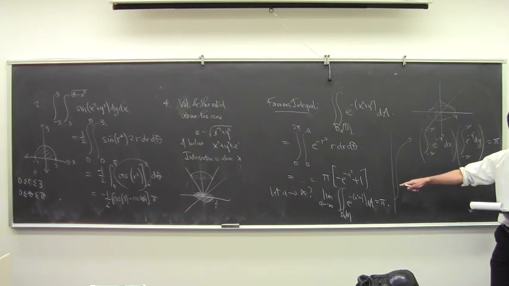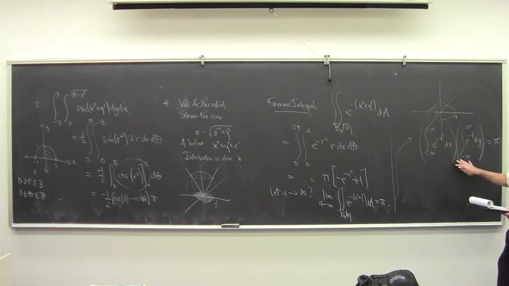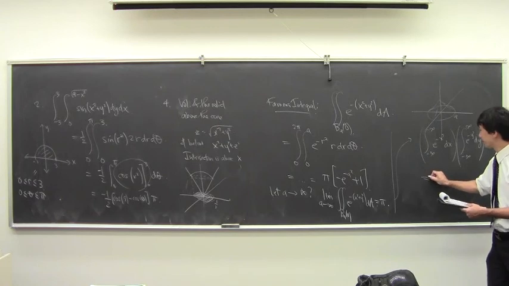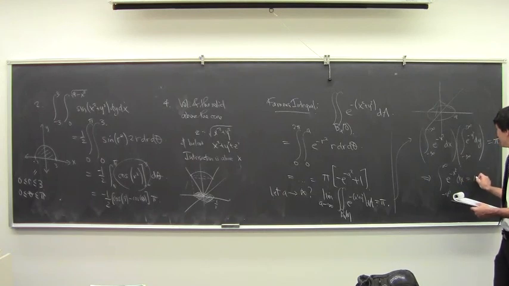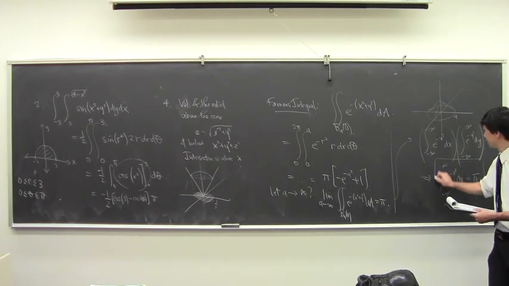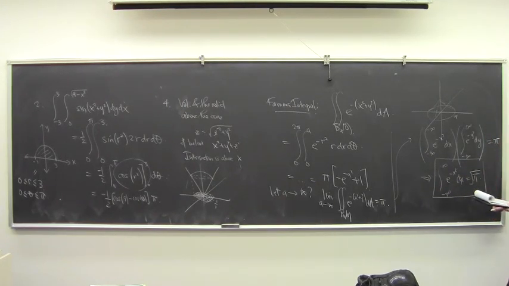Because you can split the e to the negative (x squared plus y squared) into two separate integrals. This gives you a famous result that the integral of e to the negative x squared dx actually equals the square root of π, right, because these are the same thing.